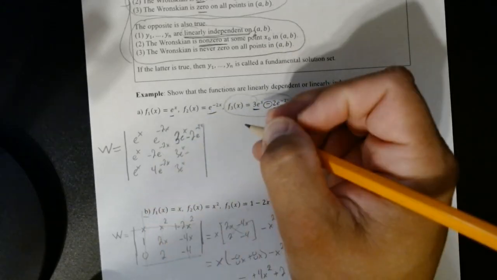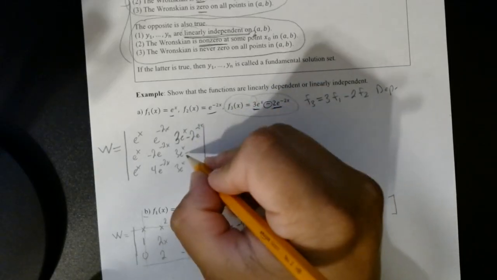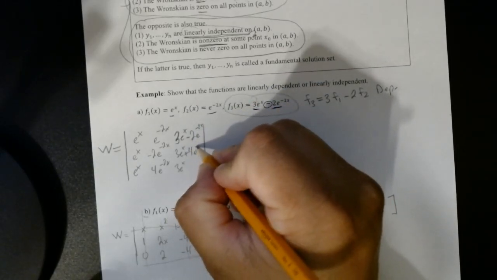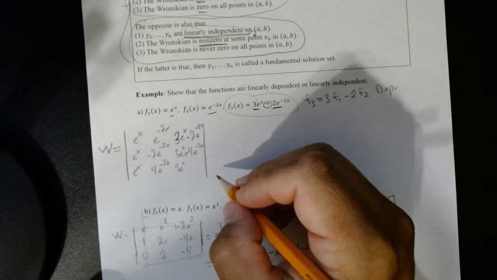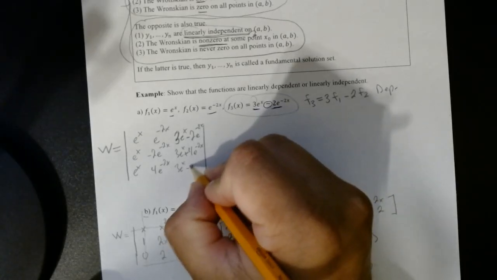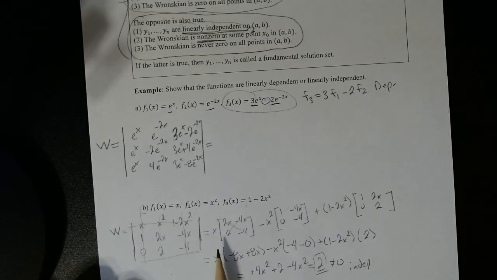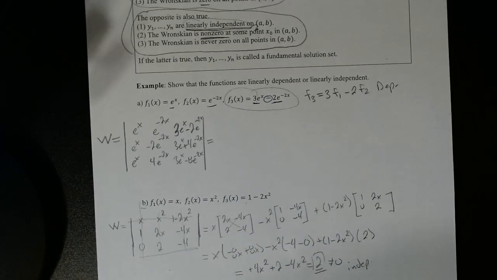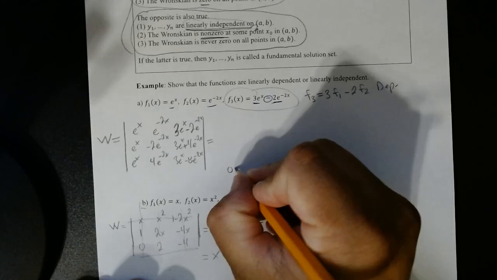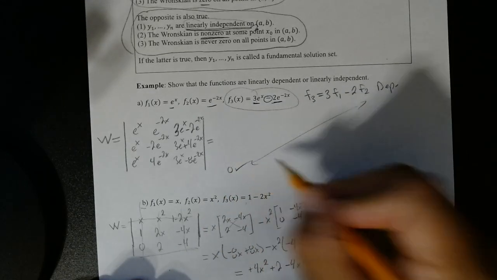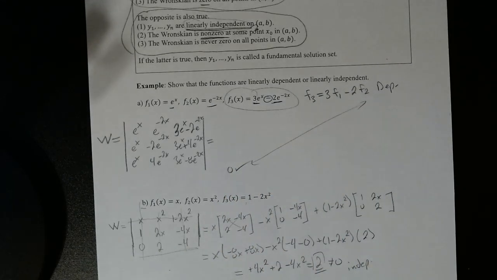And this goes from here. And then you do the same thing as here. Break it down and get the determinant, and you eventually get 0. So they do actually work out with each other. And like I said, sometimes one is far easier than the other one. So as you could tell, this is way easier than using the Wronskian. But it's whatever you feel more comfortable doing.